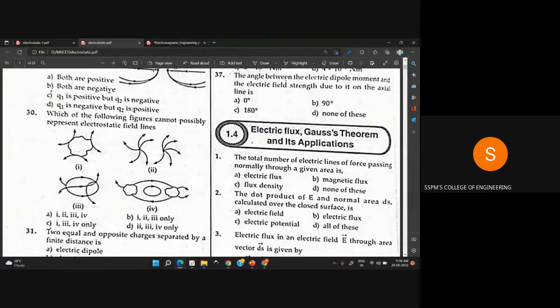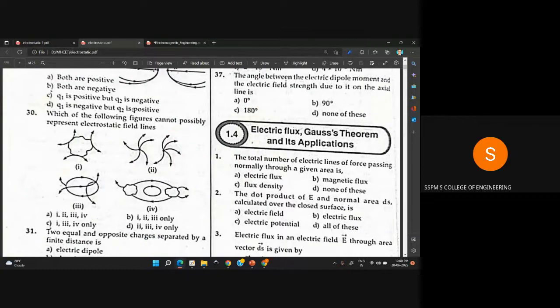But in the first option, arrows are given on a line which indicates two directions, isn't it? The electric field has only one direction. So the first option cannot represent an electrostatic field.